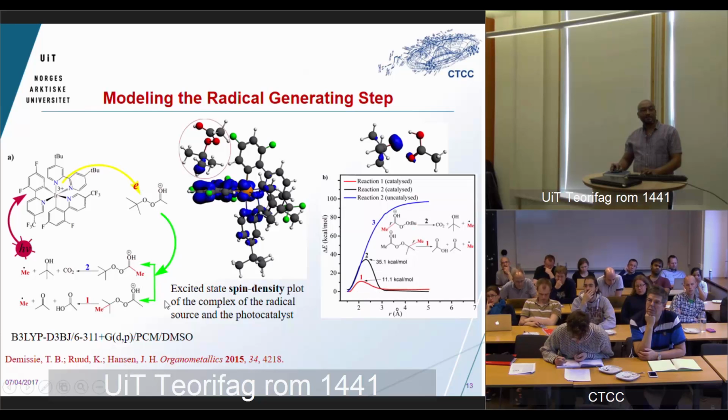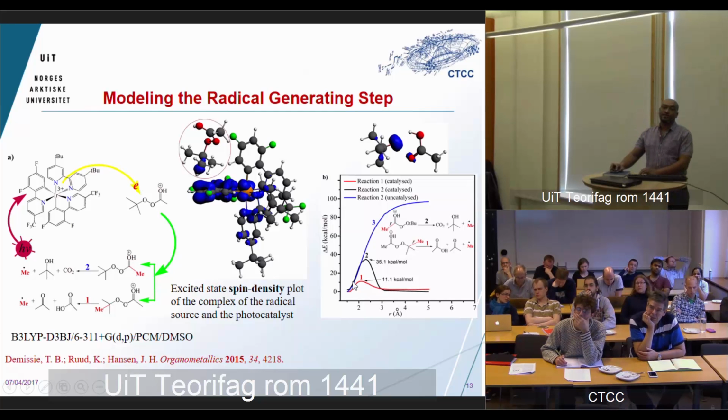In the first case, if I am breaking the CC bond from this part, we have an activation energy barrier of about 11 kilocalories per mole. And if we break this other CC bond, we have an energy barrier of 35 kilocalories per mole. So it is very easy to notice that this is the process generating the methyl radical.